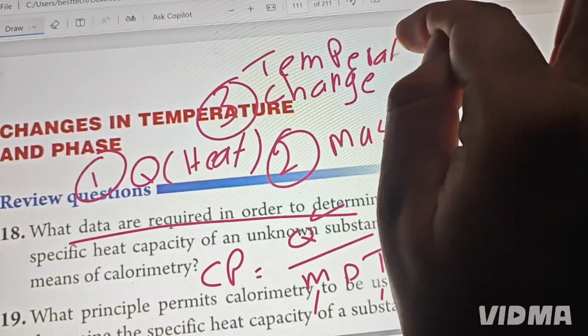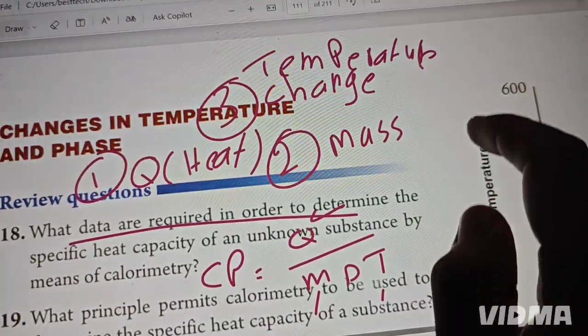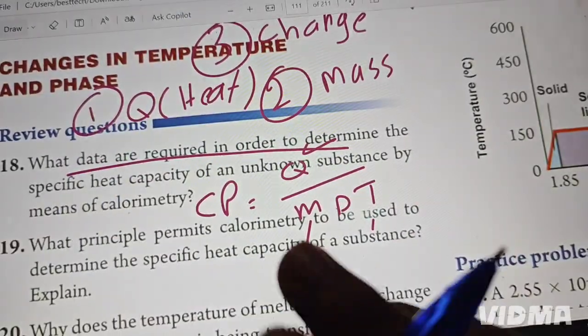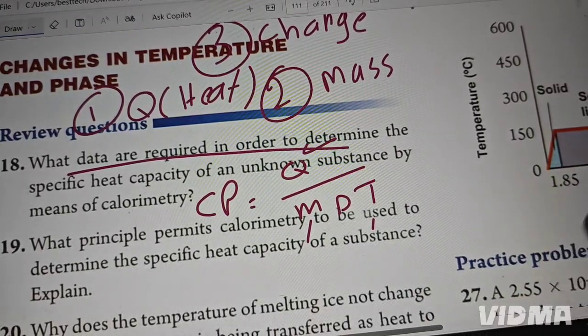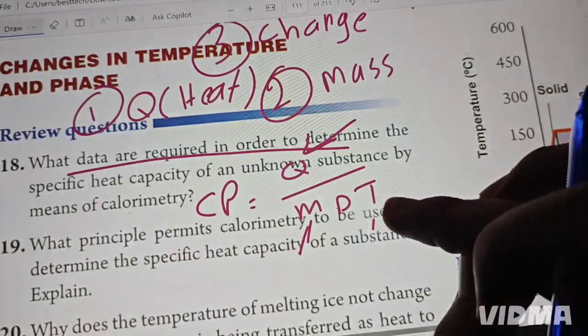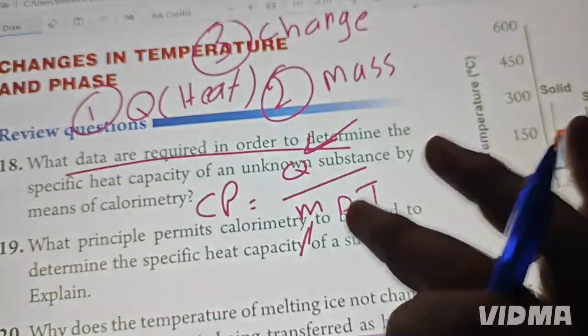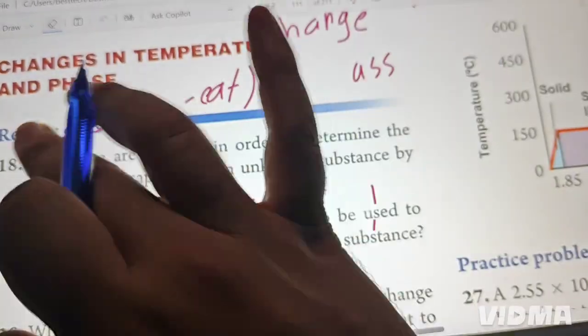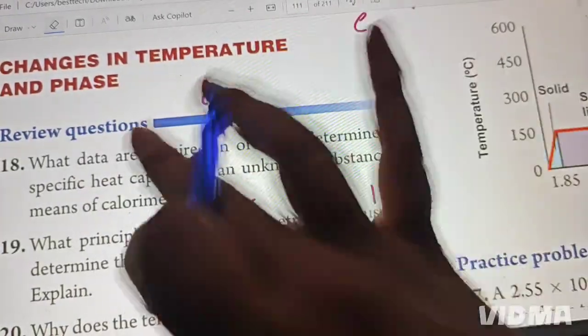Because the question said what data are required in order to determine specific capacity. In any of the questions, we need Q and we need mass and we need delta T. This is the answer of question 18.